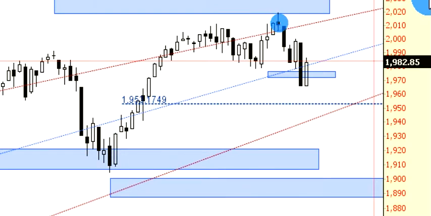This was last Friday right here when we touched this resistance box that we had placed on the chart, and I had talked about how it extended above this wedge and touched this resistance line, and that we should be looking for a pullback. And boy, did we get a good pullback. I mean, that was a solid pullback.